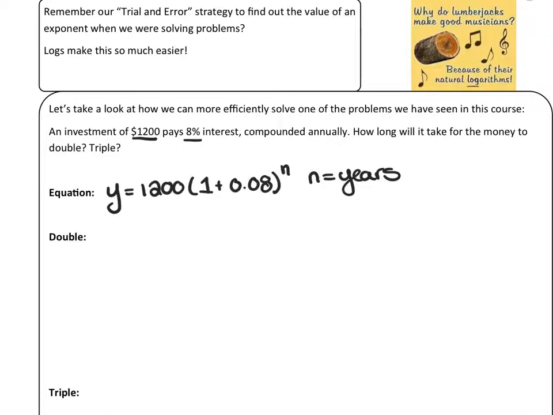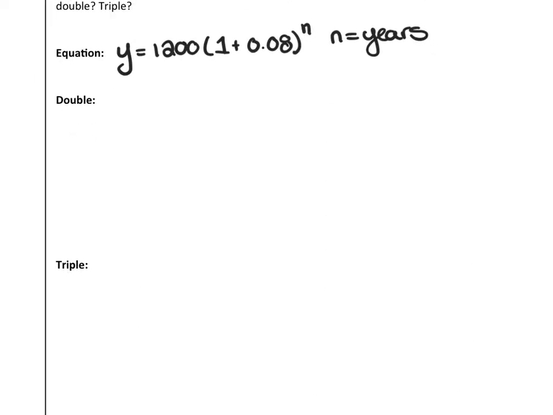Okay, so if we want to find out when it's double, what you're first going to do is clean up the formula. If we start with 1,200, doubling it is 2,400. So I'm going to set y to be 2,400 because that's the value we're looking for.